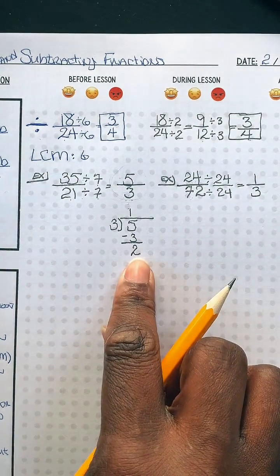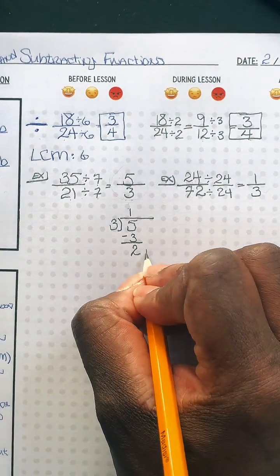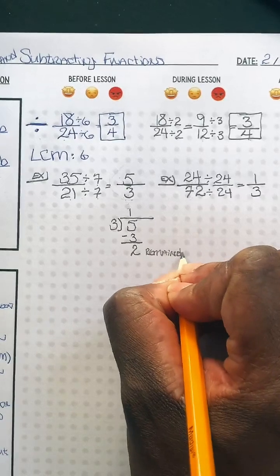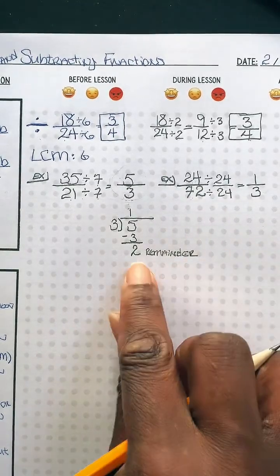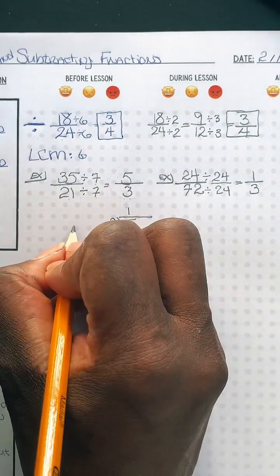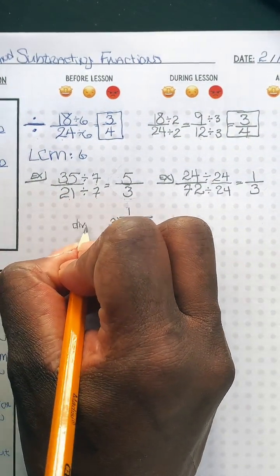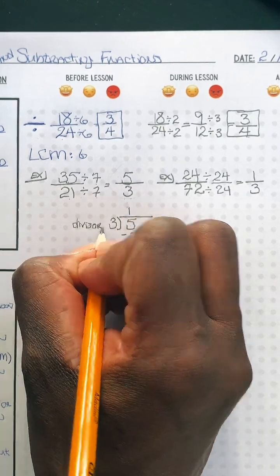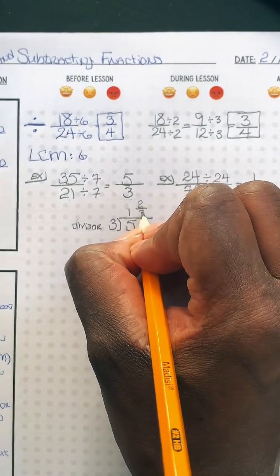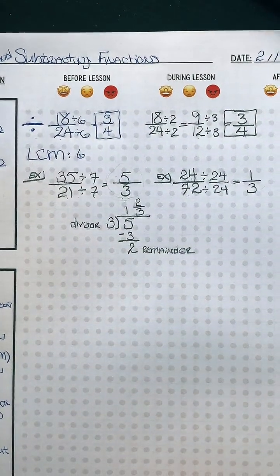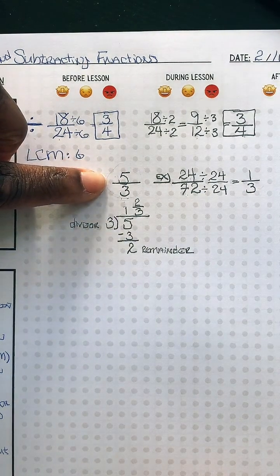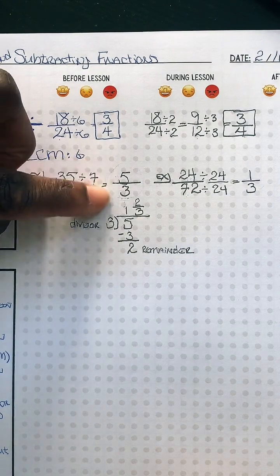So this 2 is going to be my remainder. And we always put the remainder over the divisor. So that means we have 1 and 2/3.